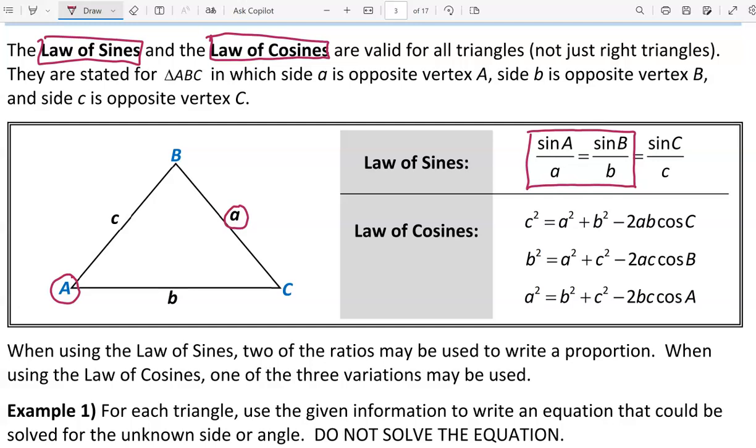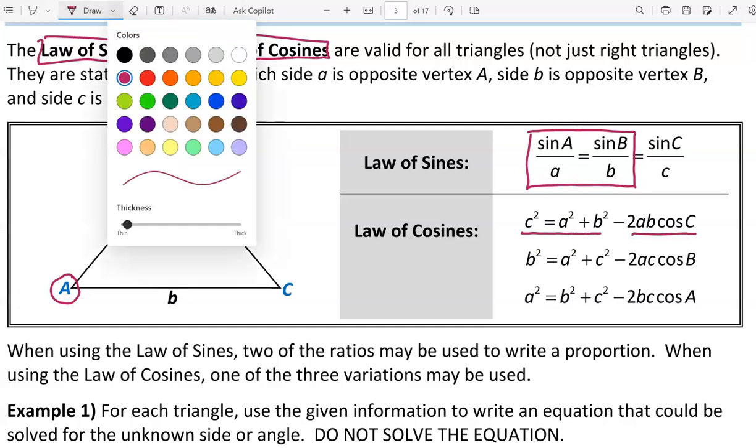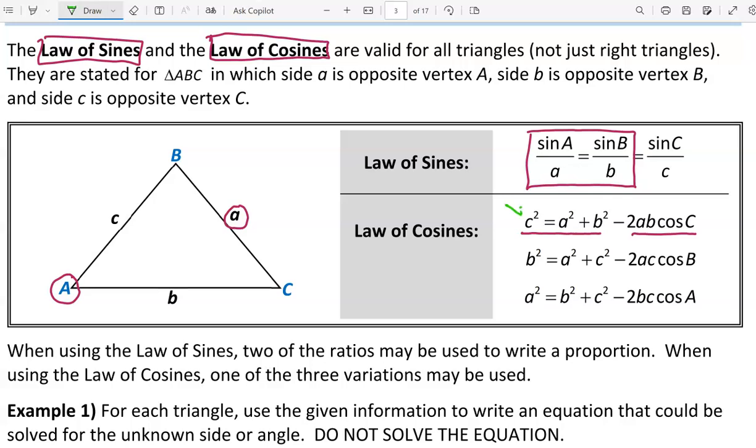When we use the law of cosines, that's going to look a lot like the Pythagorean theorem, c squared is equal to a squared plus b squared, but since it's not a right triangle, we have to correct that with a minus 2 times a times b times the cosine of angle C. Observations about the structure of this: side c sits all by itself on one side, squared, and angle C is the angle that we are taking the cosine of.